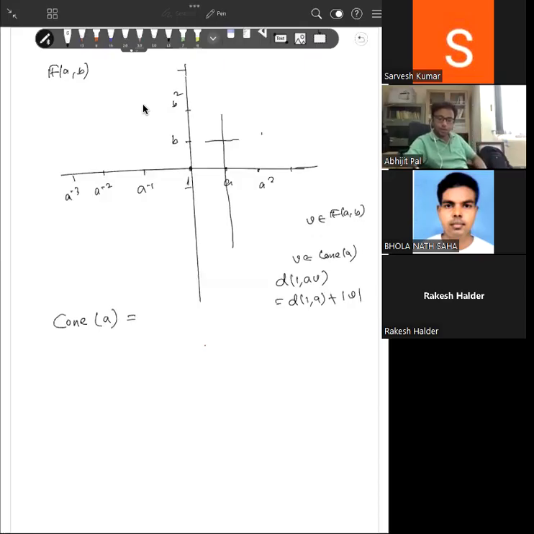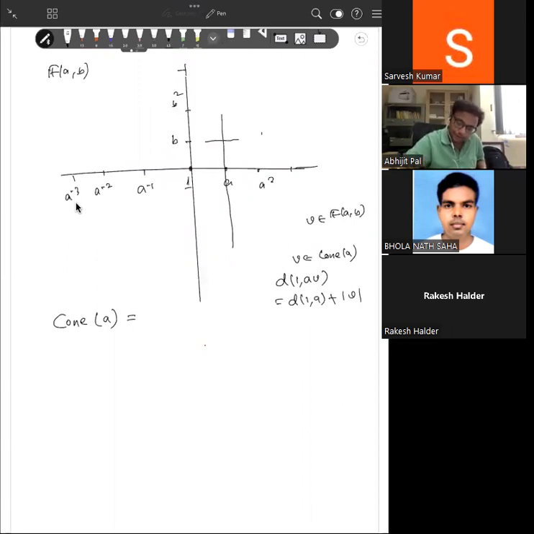Okay, so can you give an element which belongs to the cone type of this a? And can you give an element which does not belong to the cone type of this a?